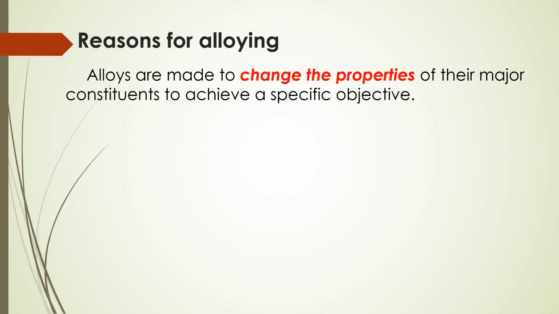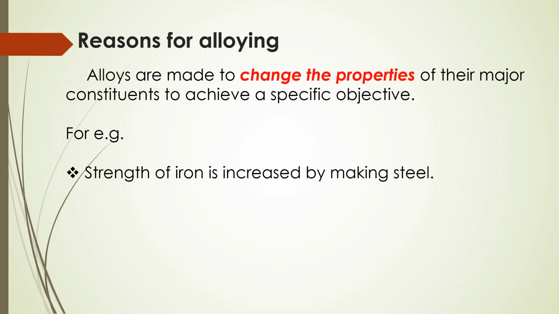Now, why is there a need for making alloys? We already have different pure metals: gold, silver, tin, lead. These metals are already there. Then why is there a need for making an alloy? Alloys are made to change the properties of their major constituents to achieve a specific objective, such as the strength of iron can be increased by making alloy steel.